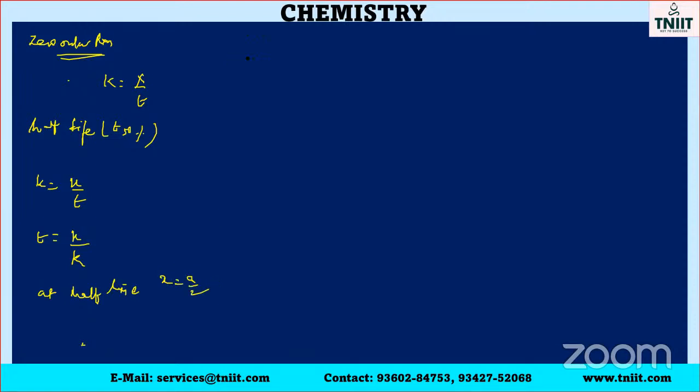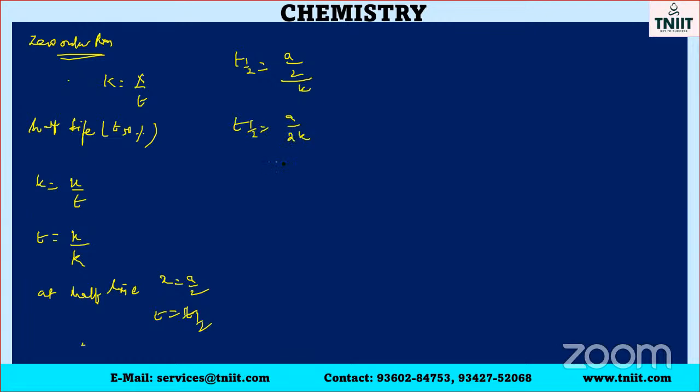So at half-life time, X is A by 2, and T becomes T half, 50% time. So T half is equal to A by 2 divided by K, or T half is equal to A by 2K.